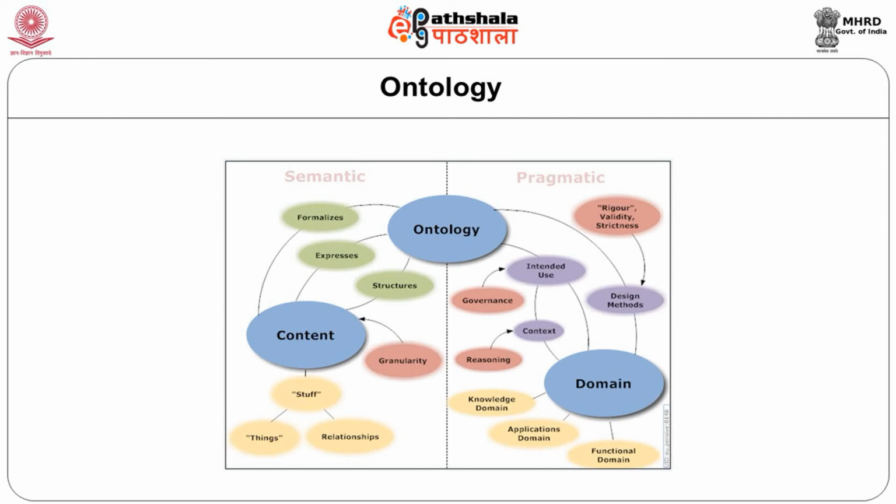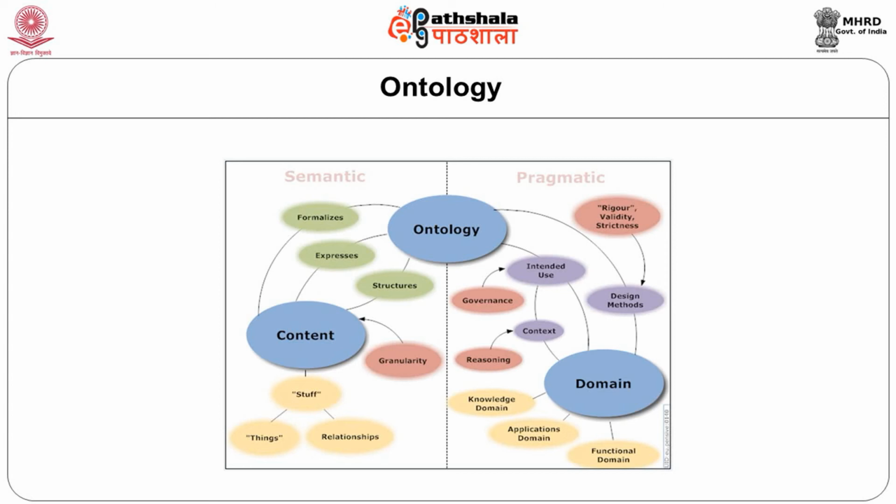The purpose of ontologies is to provide categorization of all existing things in the world, and the basic purpose of using ontologies is to give semantics or meaning to concepts.